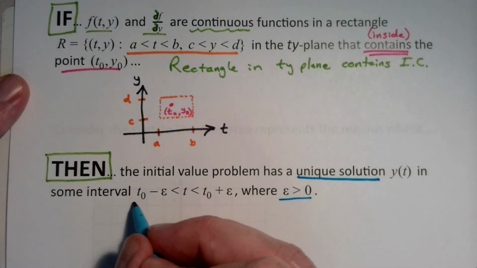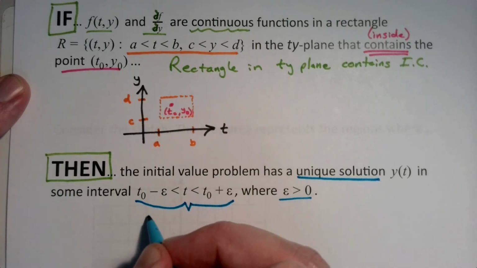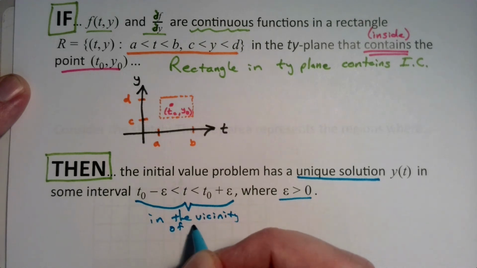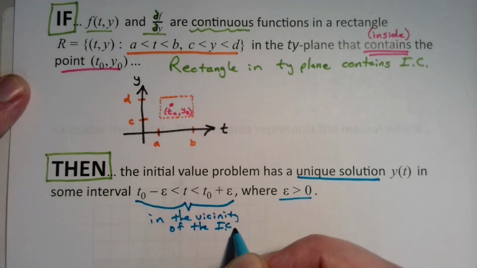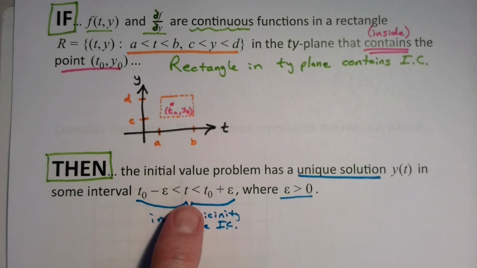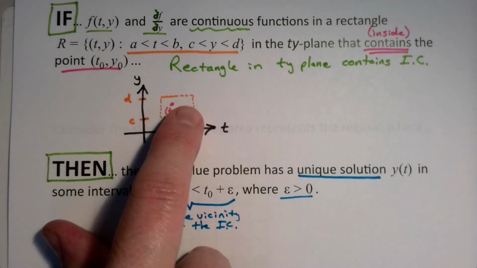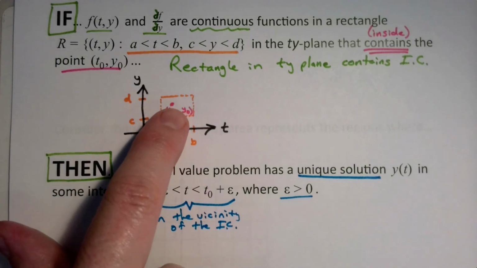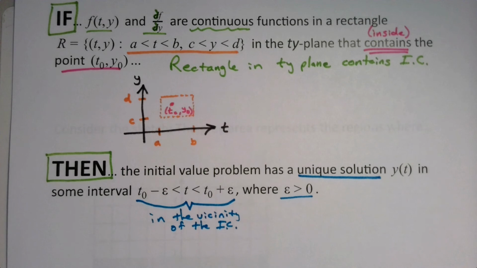So this is just saying right in the vicinity of the initial condition. Right? So notice it doesn't guarantee that the solution is unique everywhere and that it exists everywhere. It just says right in the vicinity of your initial condition, you're guaranteed. So basically one way of saying it is in the rectangle, you're guaranteed to have a particular solution that goes through that initial condition.